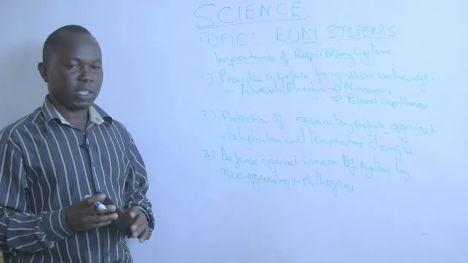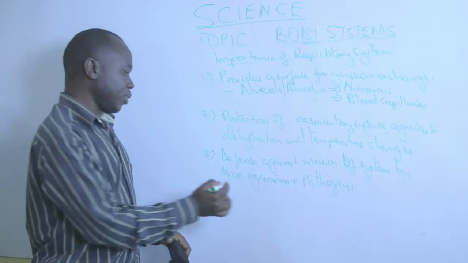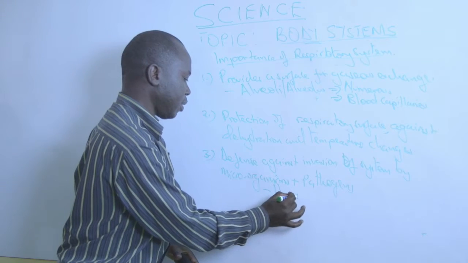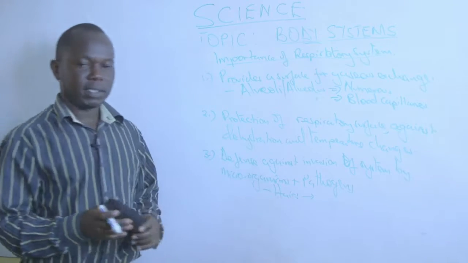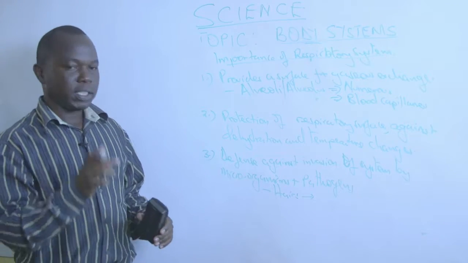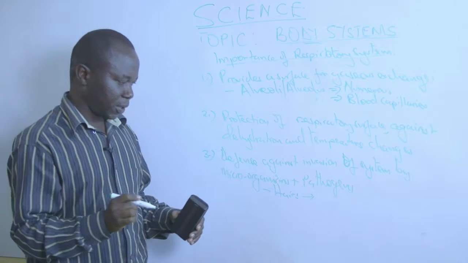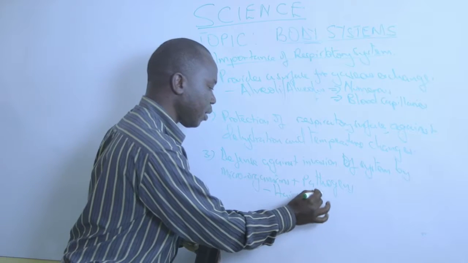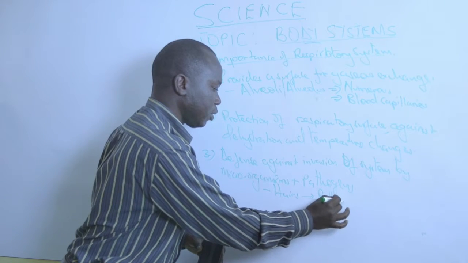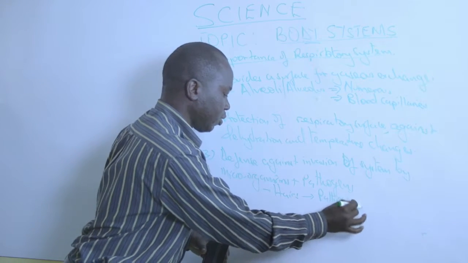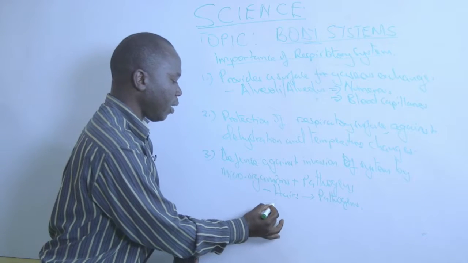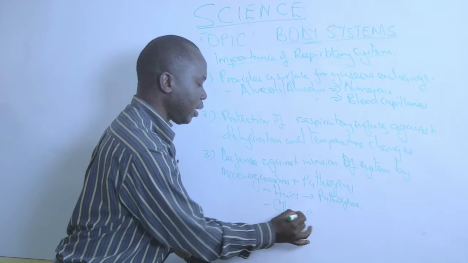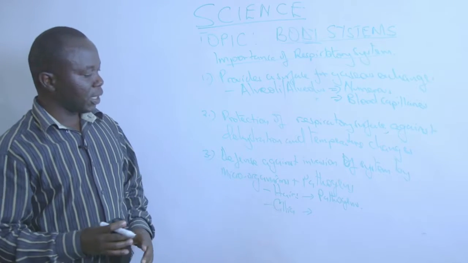We started with the nasal cavity. We said in the nasal cavity we have hairs, and the role of hairs in the nasal cavity is to trap dust particles. But remember, the dust particles are together with pathogens. In the trachea, we mentioned cilia. Cilia are still hair-like structures.